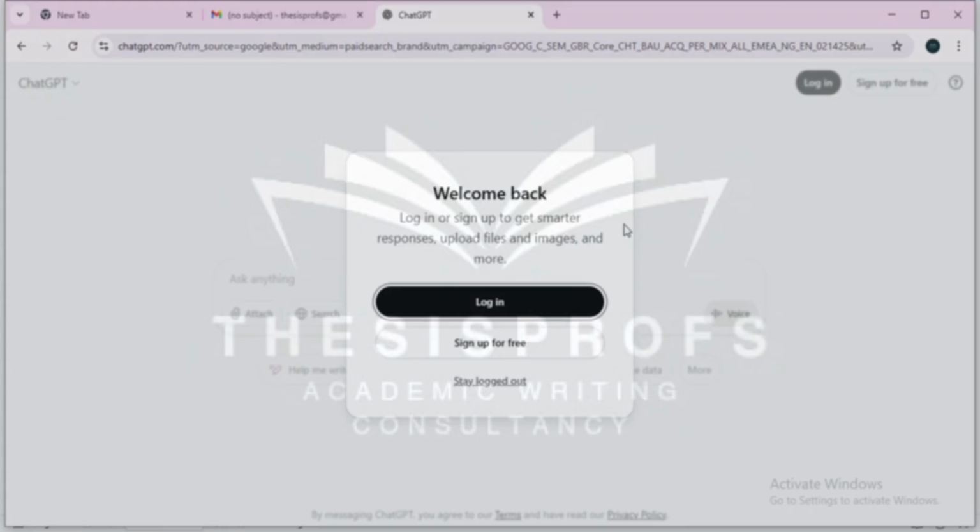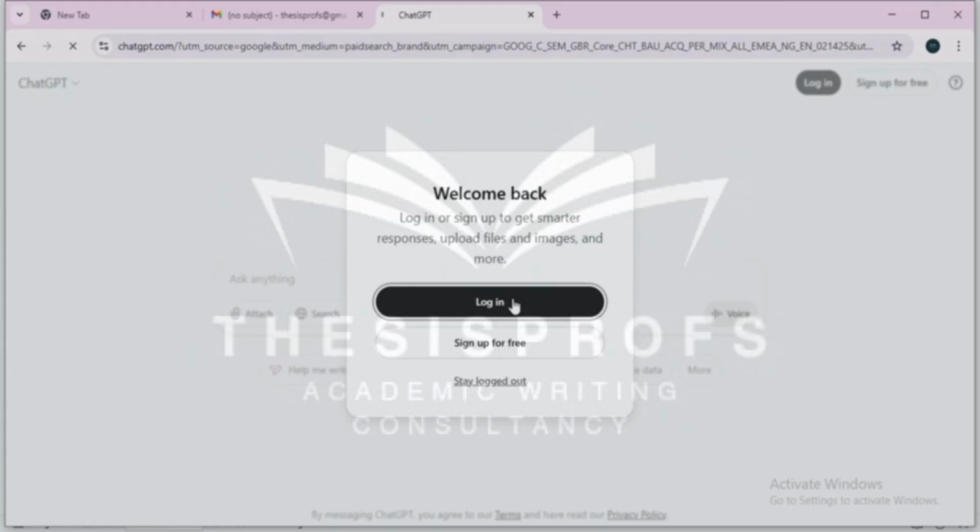If you don't log in and you start using ChatGPT, you may lose your chats, you may lose your prompts, you may lose everything that you've been working on with ChatGPT. So it's imperative that you log in to ChatGPT.